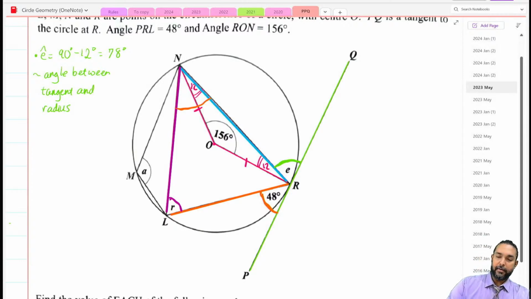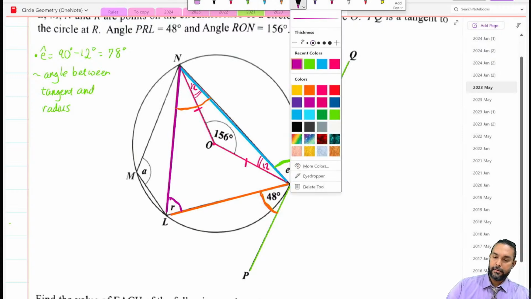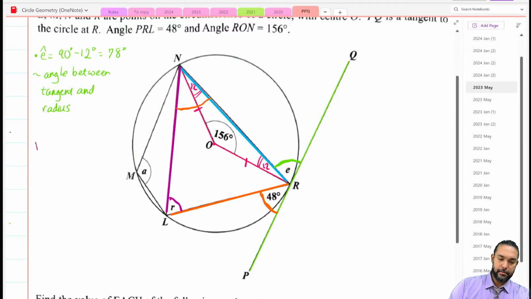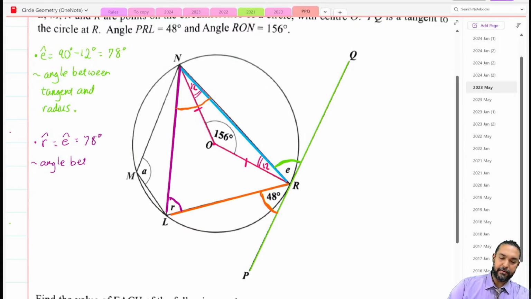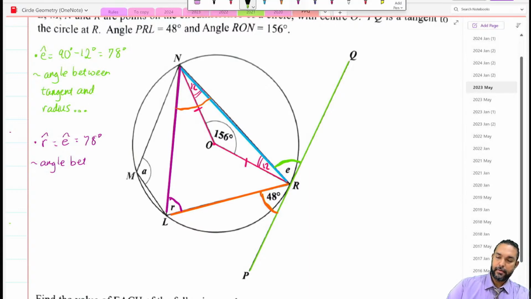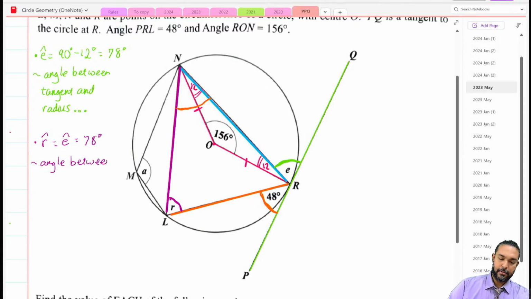And then angle R is equal to angle E, which is the same 78 degrees. Because, so we have two reasons here, right? So you can put angle between tangent and chord. Sorry, I should put like 3 dots here, right? Tangent and chord.